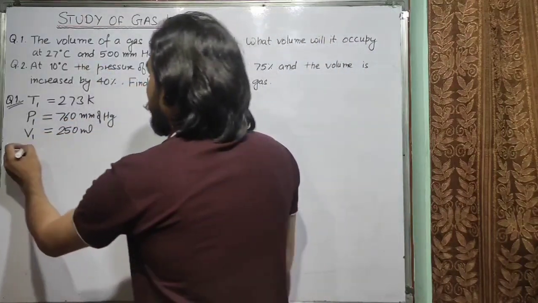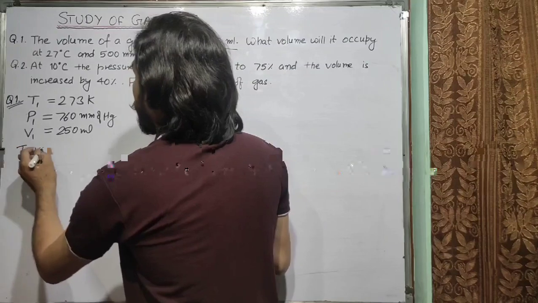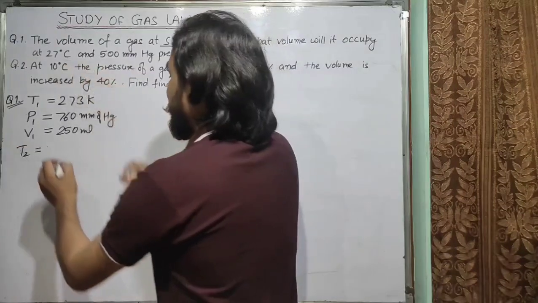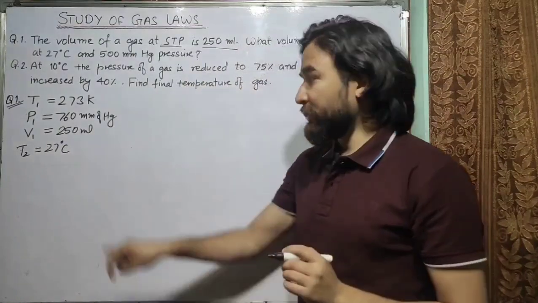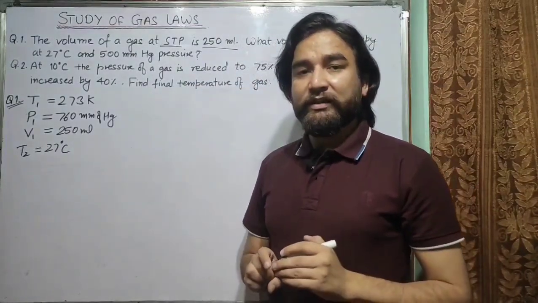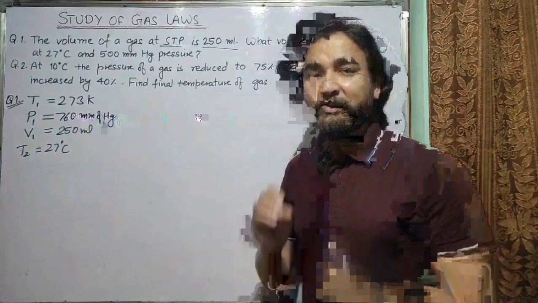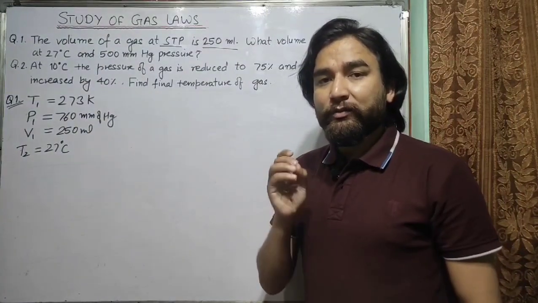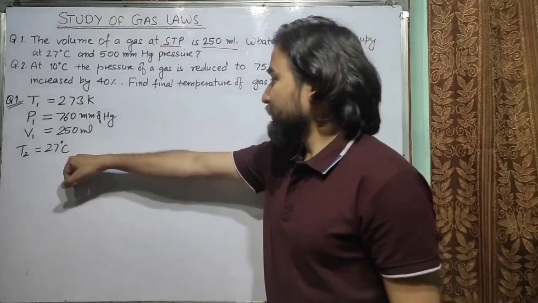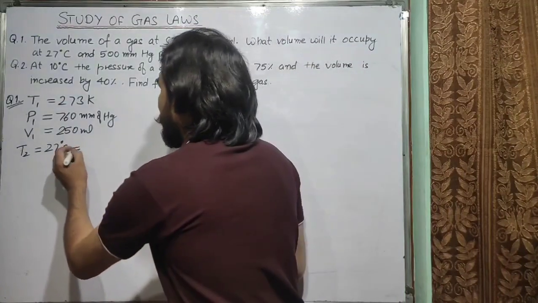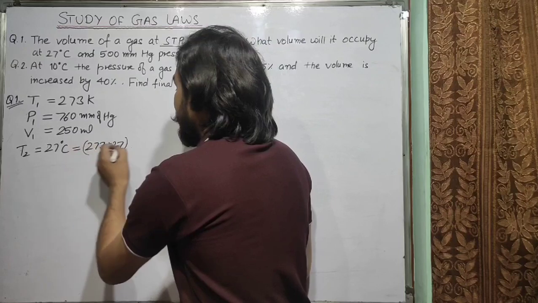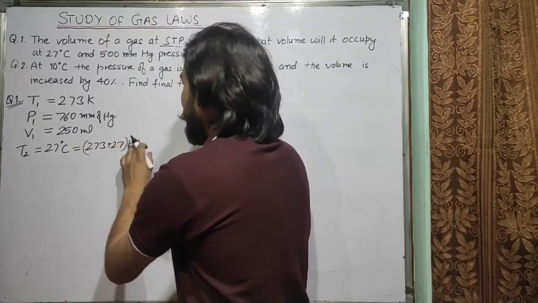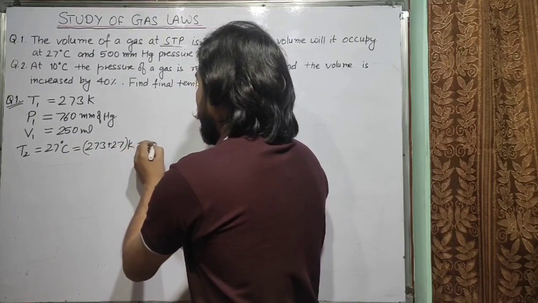Now we have T2. T2 is equal to 27 degrees. Again, you have to be very careful here because the temperature is given in degrees Celsius, and when you are solving the numerical problems, you have to write down the temperature in Kelvin. So that is equal to 273 plus 27 Kelvin, or you can say this is equal to 300 Kelvin.